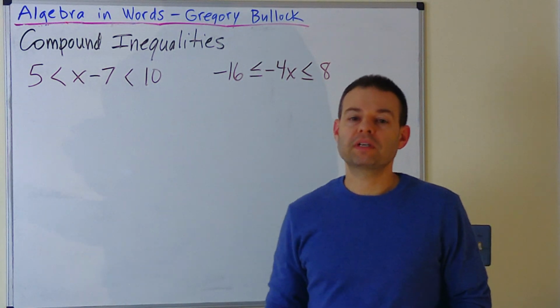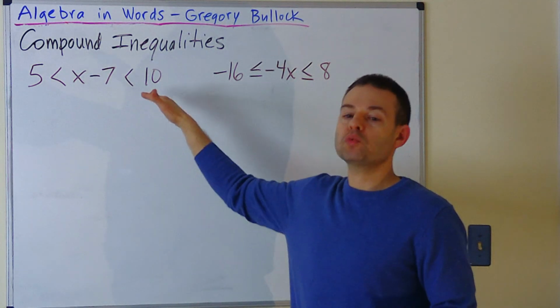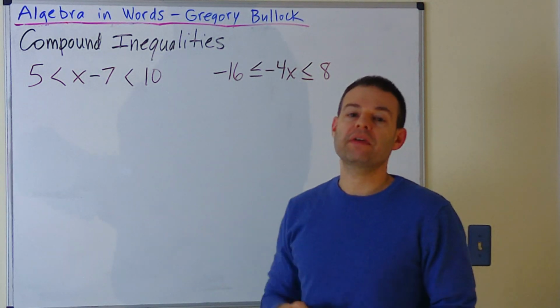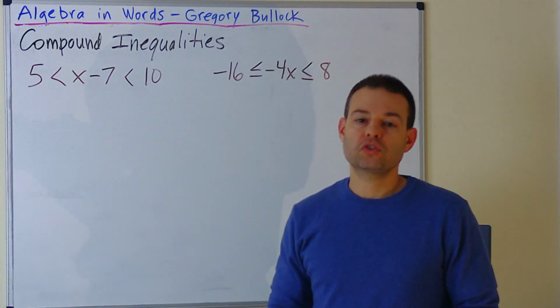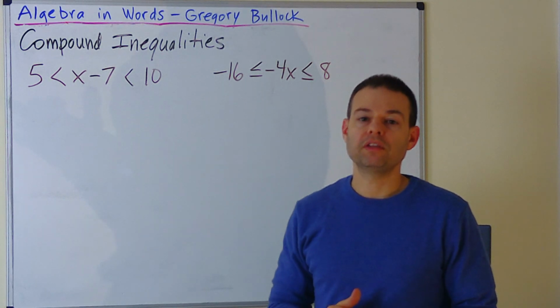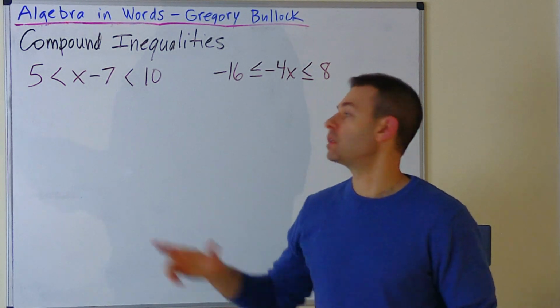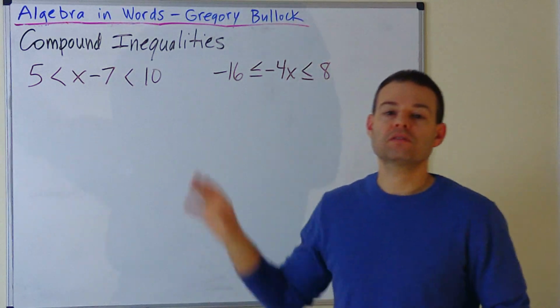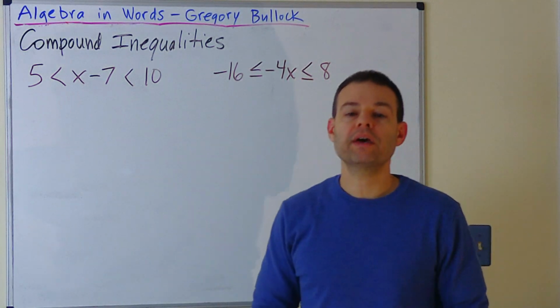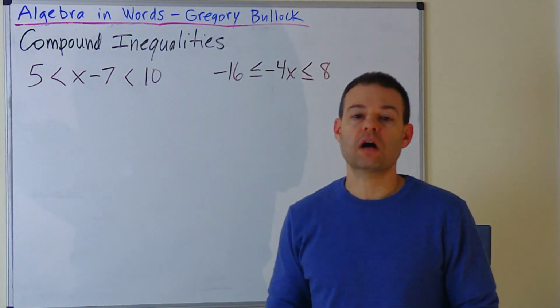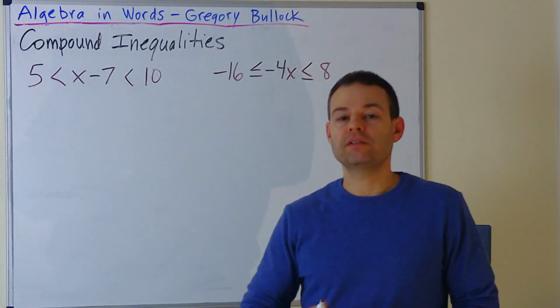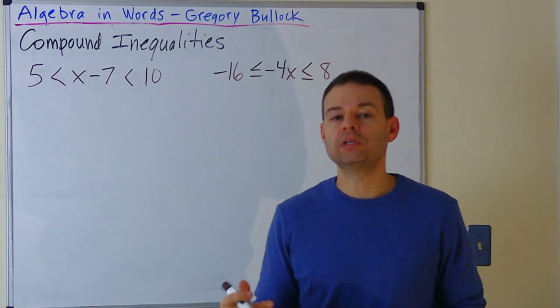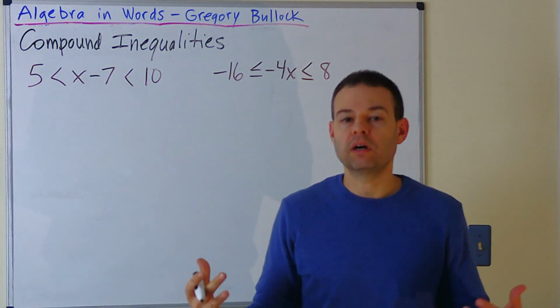But more specifically, once we solve or simplify this, the x should be, and always will be, in the middle portion, and numbers on the left or right. This is just not in simplified form yet, but the goal to get it into solved or simplified form is to get the value of the variable, or x, alone in the middle.